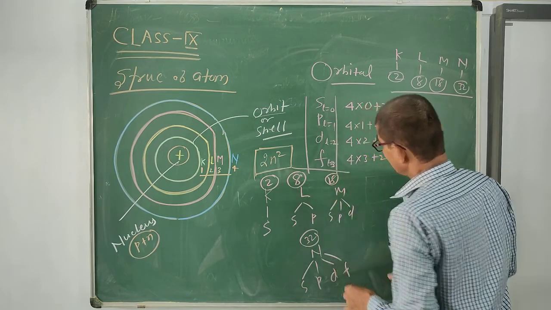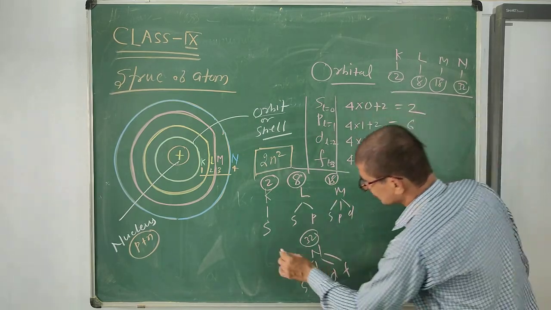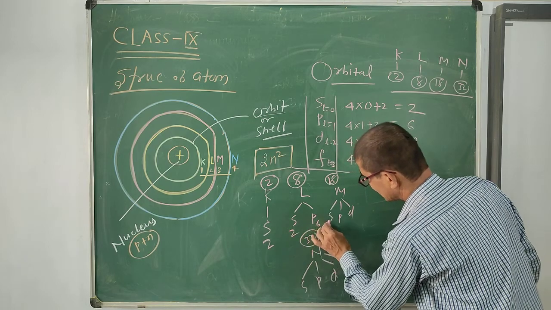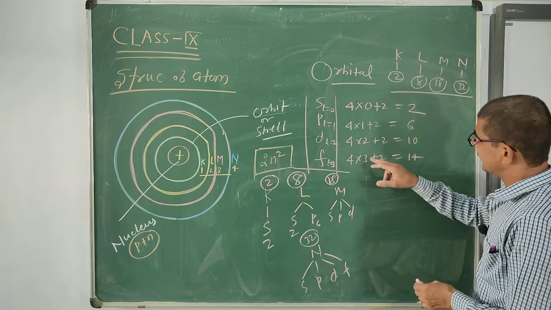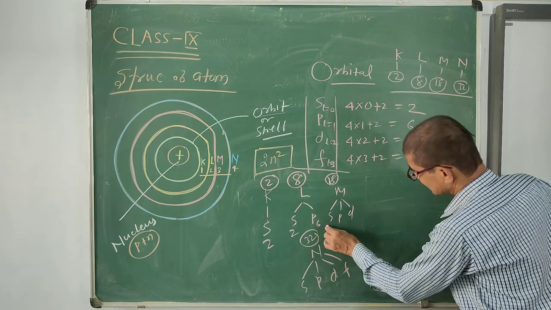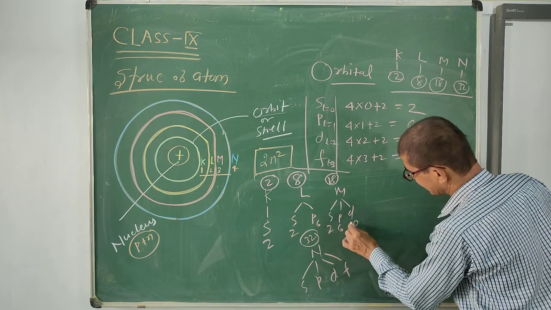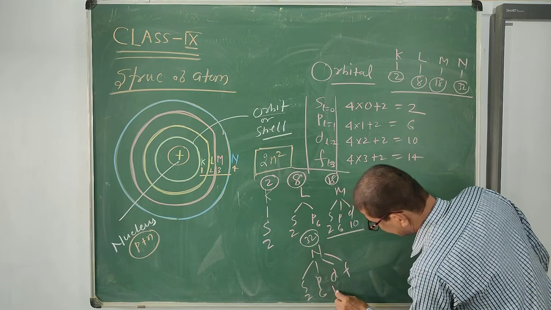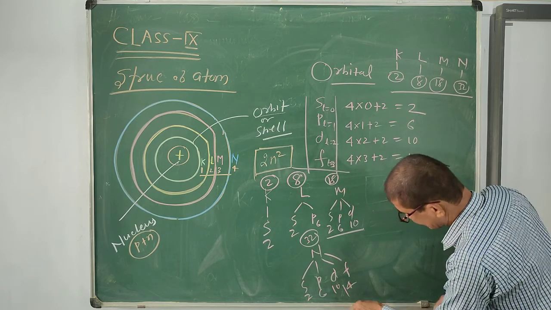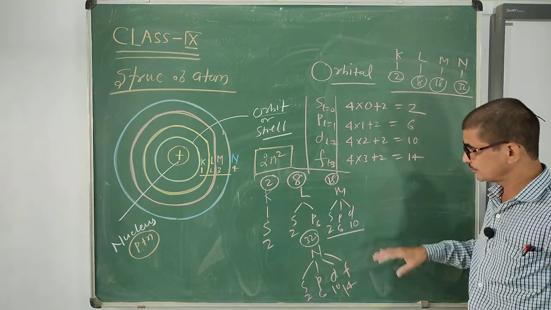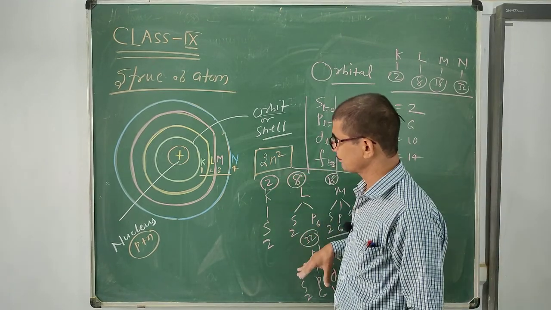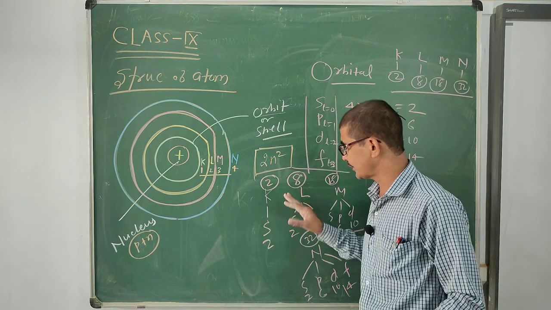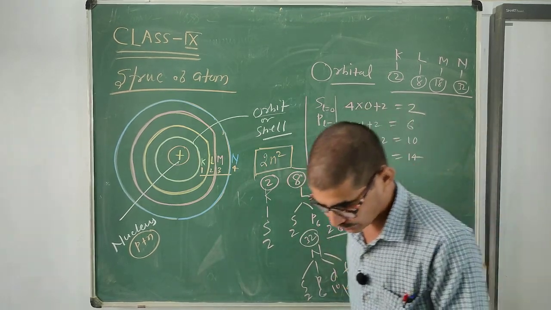Now, for the S orbital the maximum is 2, P is 6, so 2 plus 6 is 8. In the case of D it is 10, so 2, 6, 10 total is 18, and 2, 6, 10, 14 is equal to 32. So this is the way of breaking the orbit into orbitals, and you now know how electrons are distributed in an orbit and then in an orbital.